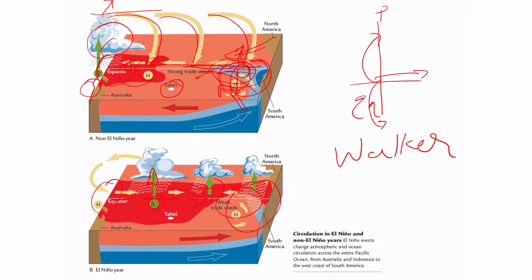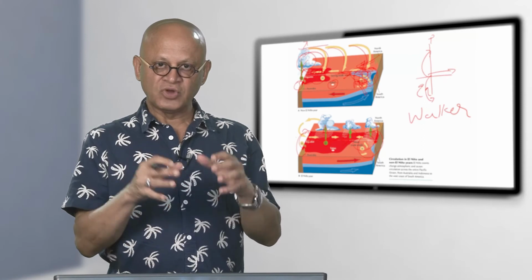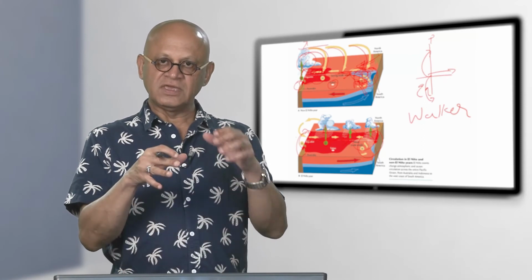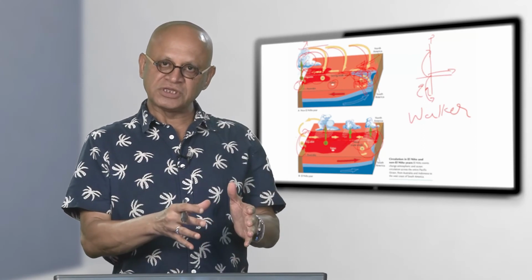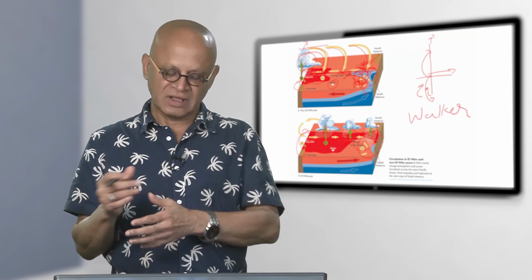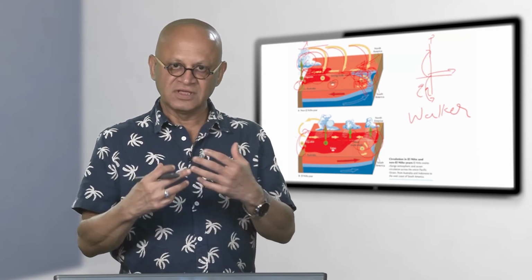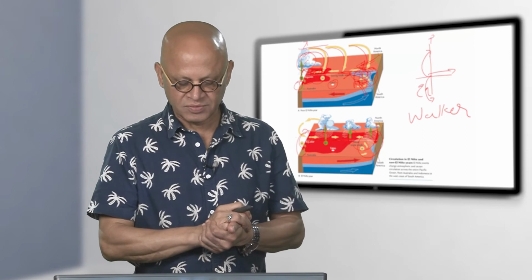So during El Nino, all you have to remember is that the winds get weaker, the warm water sloshes this way, the convection moves with it, brings rain on this side, droughts and dust storms and so on this side. We have a longer lecture that you can look up, but I'm putting this in the context of the historical climate change because we will also need it for modern climate change. El Nino has a role to play in the whole business.